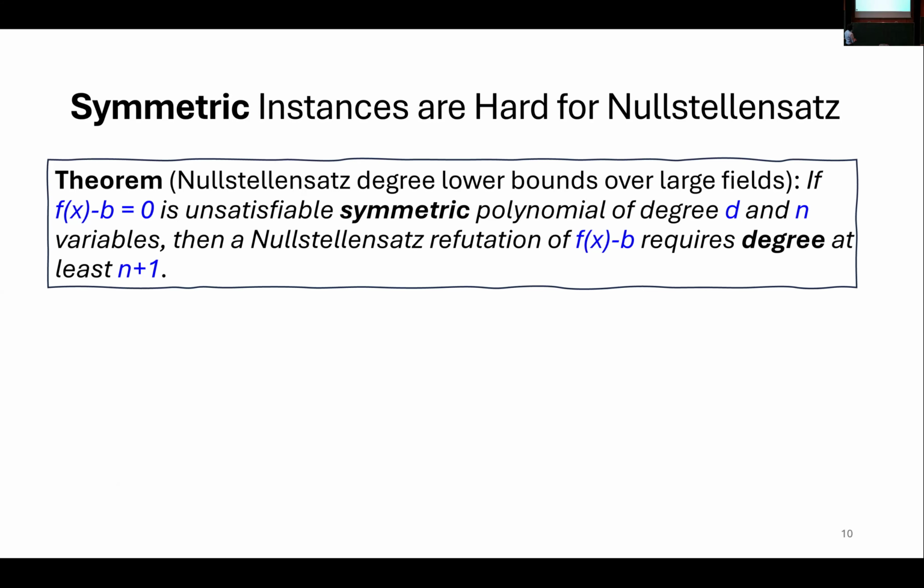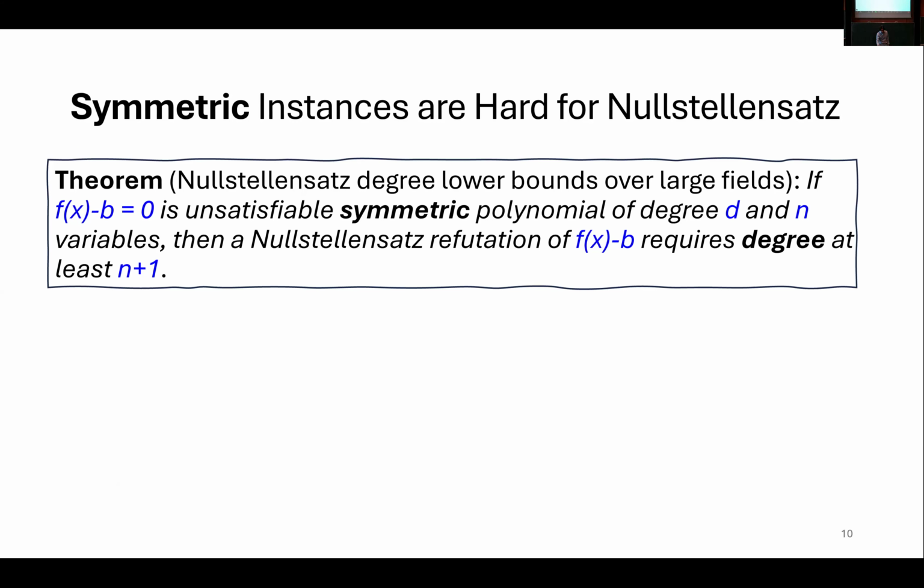So if F(x) minus b is symmetric, where symmetric means fully symmetric, namely renaming the variables keeps the polynomial the same, and it's unsatisfiable, then it is hard for IPS in terms of degree.